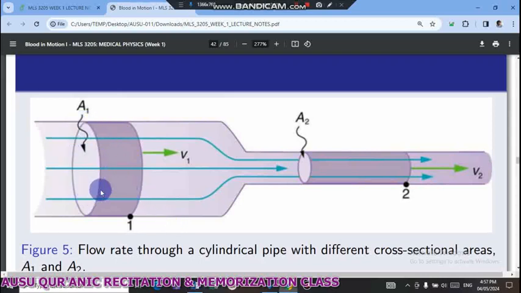Because the area is large, the speed is small, and this is why it covers just a small distance here. But here the area is small, so the speed will be high, and that is why it covers a larger distance. This is what they are trying to tell us, that the speed and the area are in inverse proportion. If one of them is high, the other one is low.